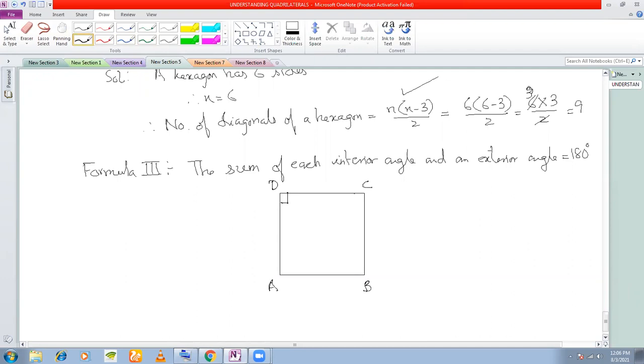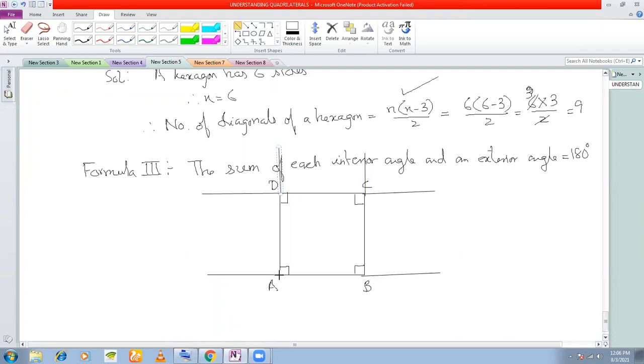Each interior angle is 90 degrees. You know this already, or you can find it with the help of the formula also. So what is the measure of each exterior angle? This is one exterior angle, another, another, another.